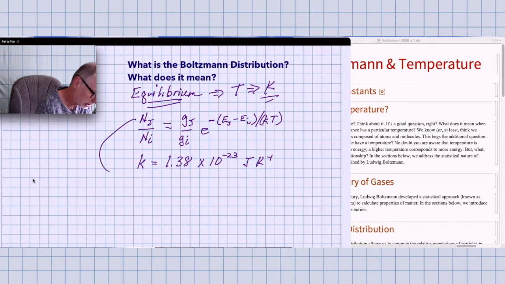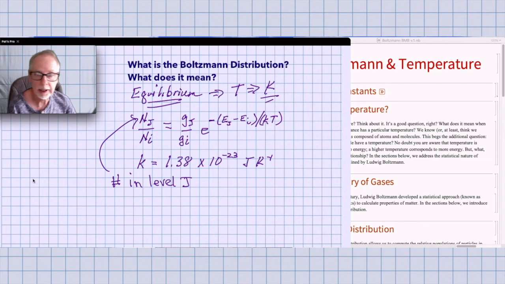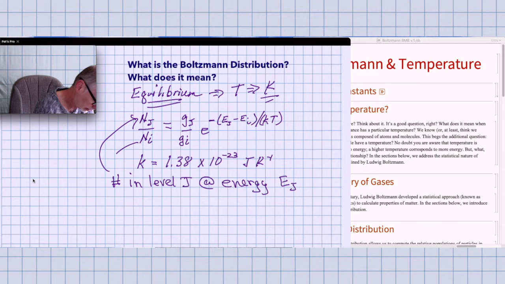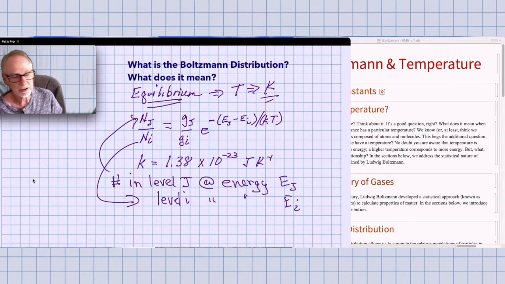So again, N sub J represents the number of molecules or particles in level J, at energy E sub J. And N sub I, of course, represents the number in level I with energy E sub I. All right, so that's what we've got there.